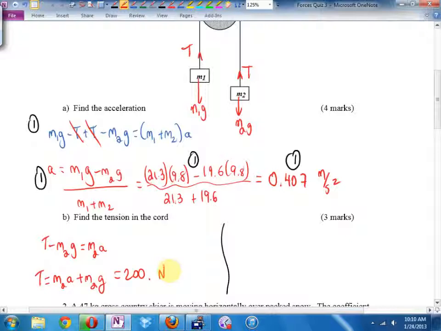So I'll go 200 newtons. Technically, you should put a dot there to go 3 sig figs. If you didn't, I'm not going to freak out. If you used mass 1, you would go M1 g minus tension equals M1 a.